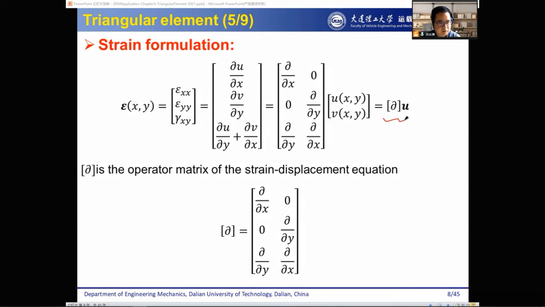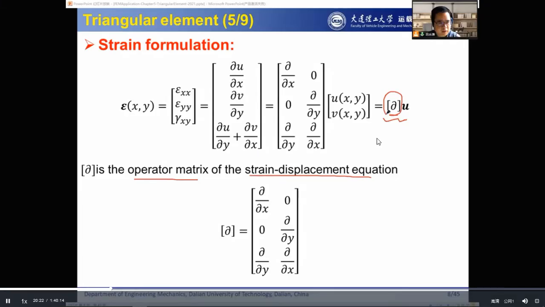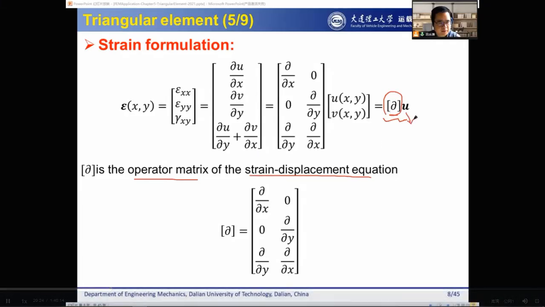In this form, this is the operator matrix of the strain displacement equation. This is an operator, and this is the node displacement vector, and this operator equals the coefficient, or the term before the displacement vector.